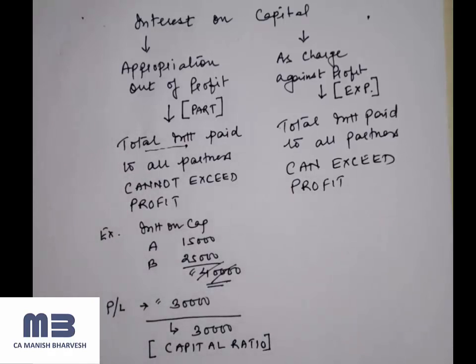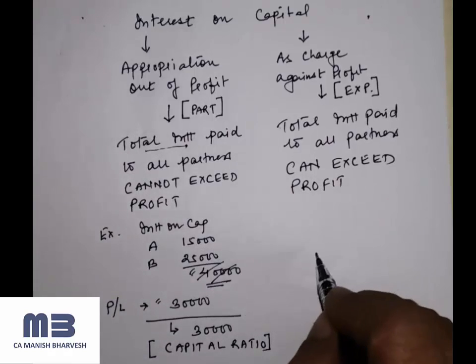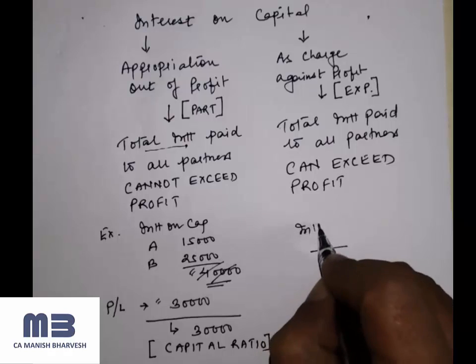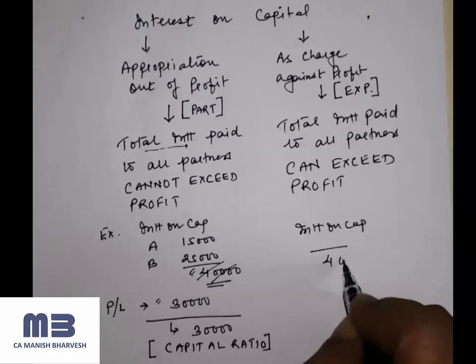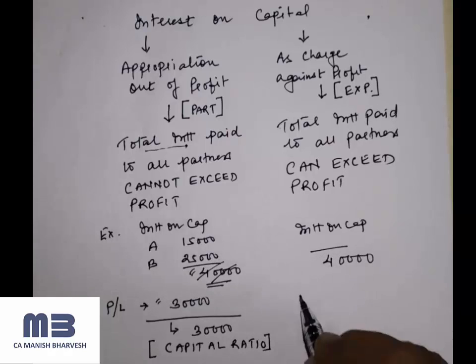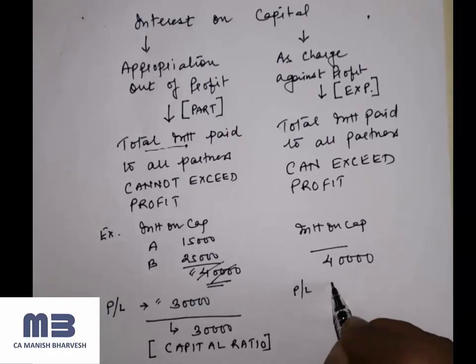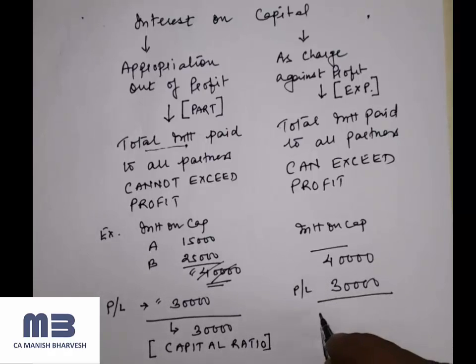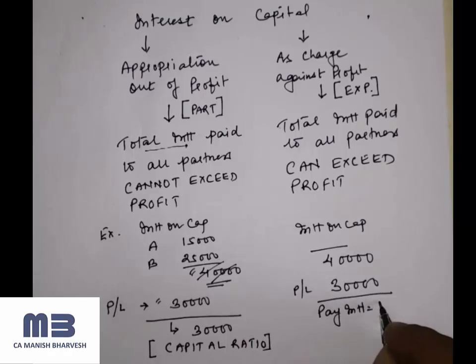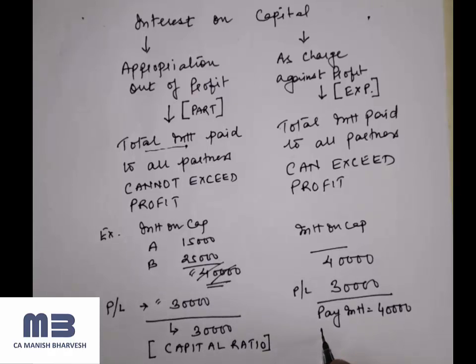If I continue with the same example, when total interest on capital of both the partners amounted to 40,000 and profit available was only 30,000, we will still pay interest of 40,000, and now there will be a loss in the firm of rupees 10,000.